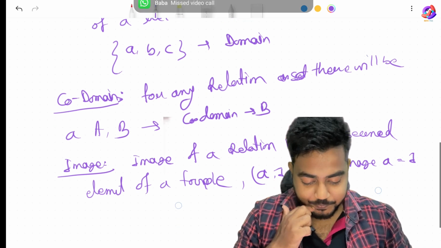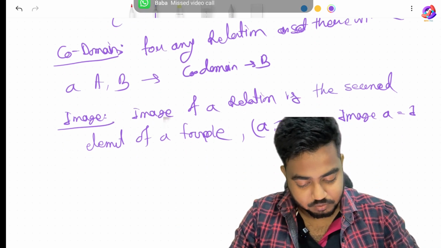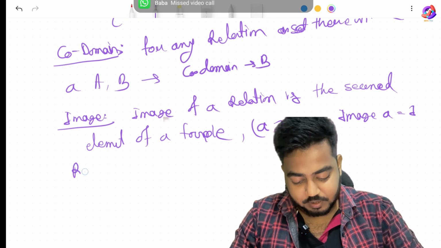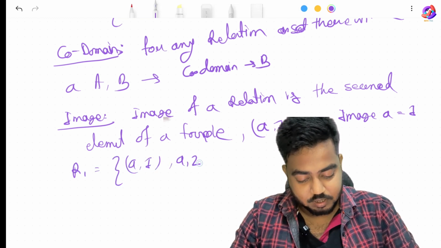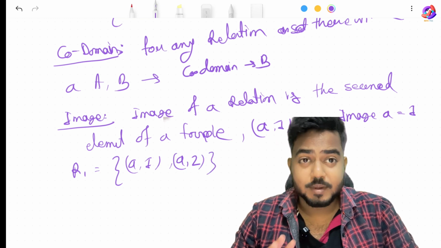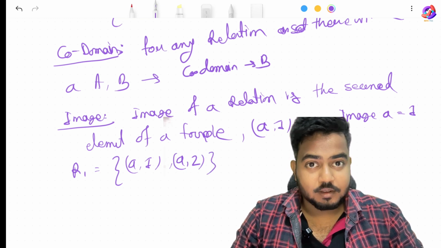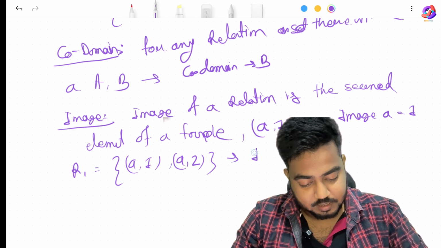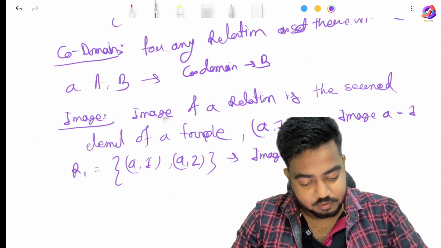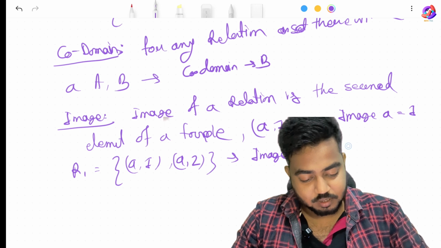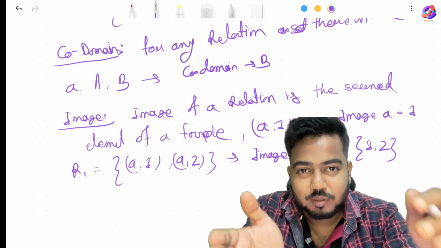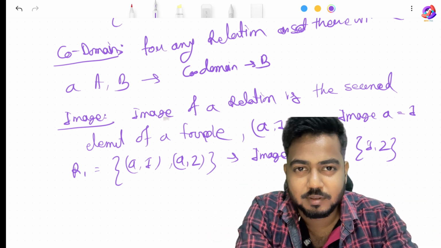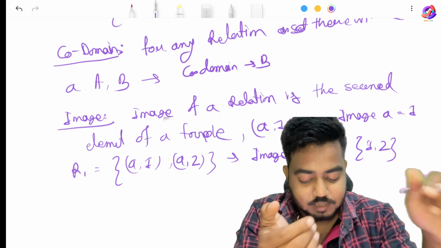Now let's talk about a different case. Let R1 equal A comma 1 and A comma 2. Two elements are there. Then the image of A equals 1 and 2, since both of them are tuples with A.